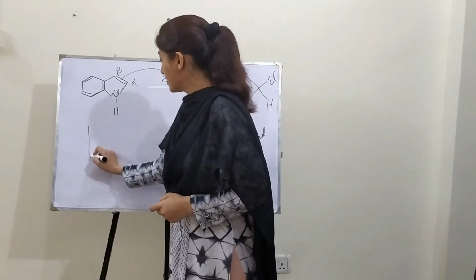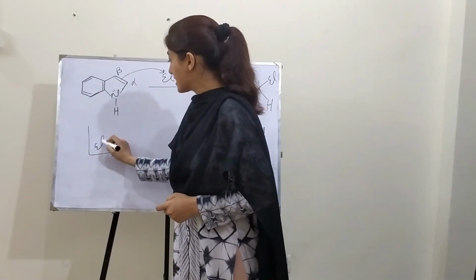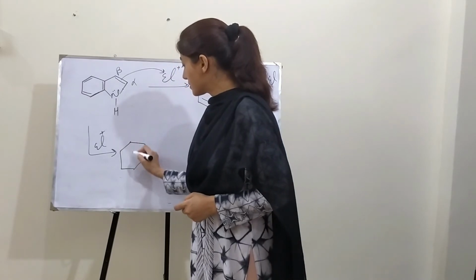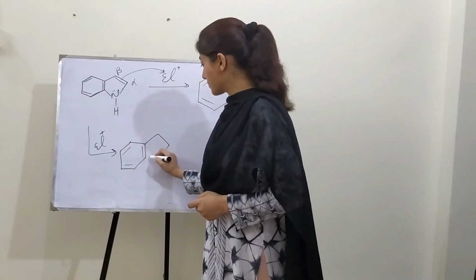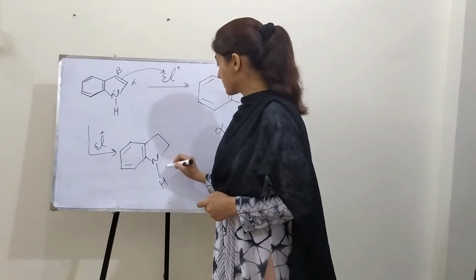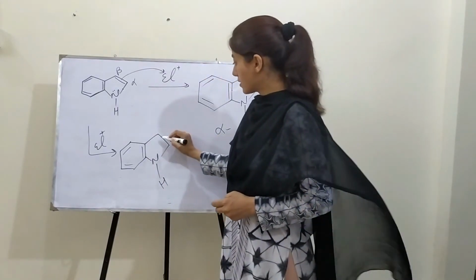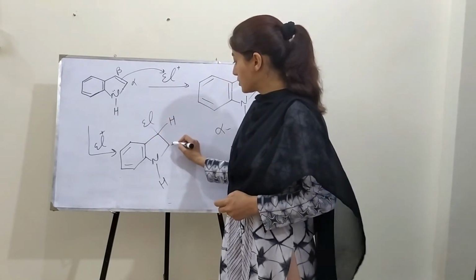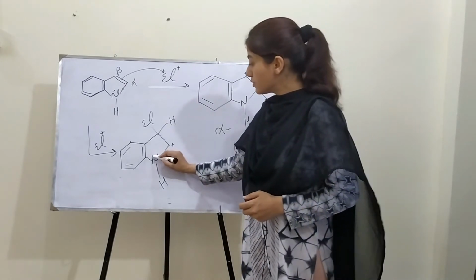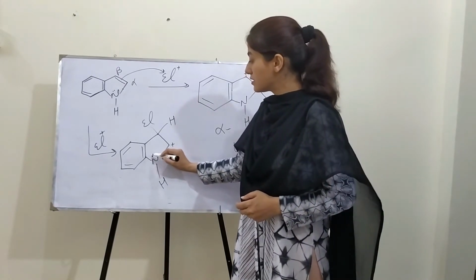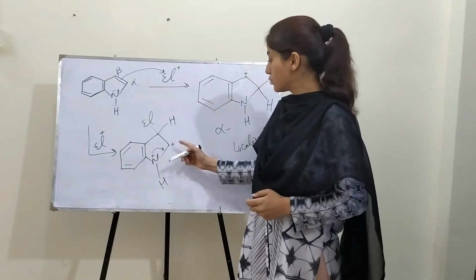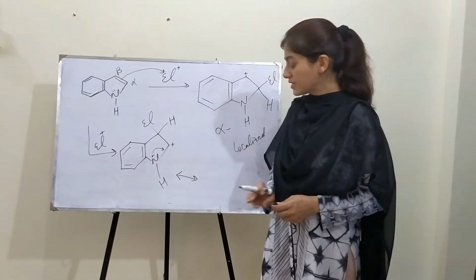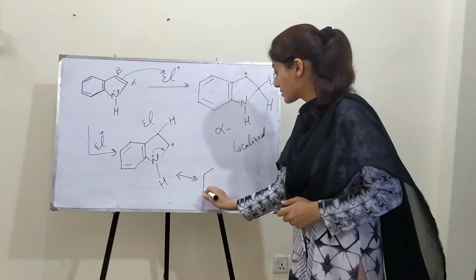So when the electrophilic attack occurs at beta position, what would happen? And the positive charge would be here. As you know that there is a lone pair on nitrogen, so it may be shifted towards this position, and then its resonating contributing structure would look like this.